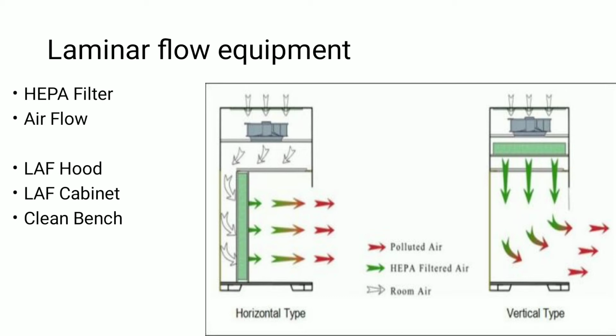Now that air goes from the backside and then comes out in a horizontal manner. Now why is it required? Whenever the person is sitting or working, you can see that person is sitting in front. The person should not contribute any sort of contamination to the workplace. For that reason we are using the horizontal type of equipment.